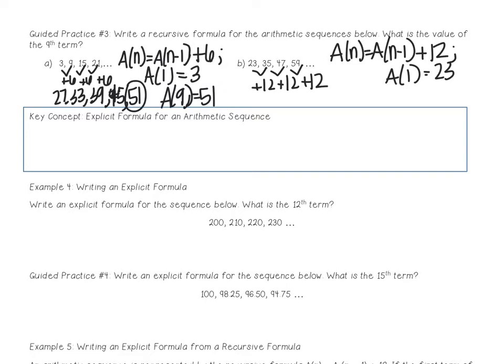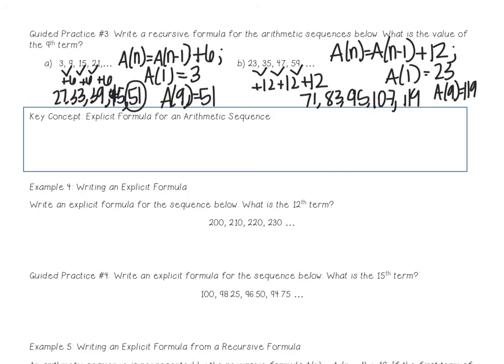Add 12, and you get 71. Add 12, 83. Add 12, 95. Add 12, 107. Add 12, 119. So my answer for B is A sub 9 is 119.